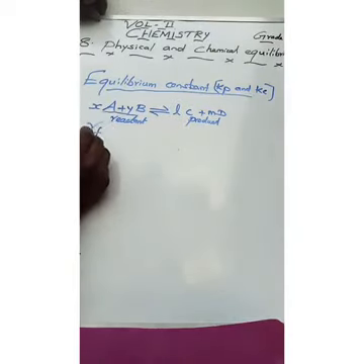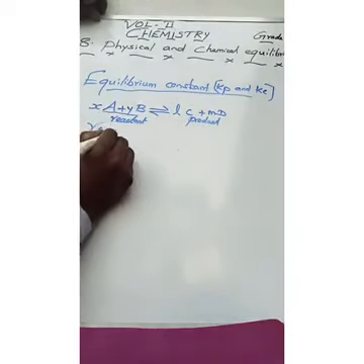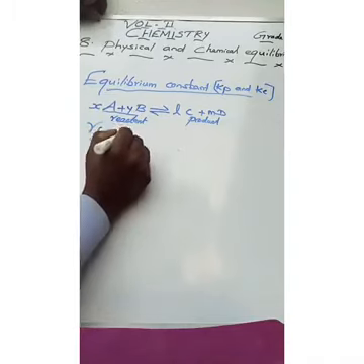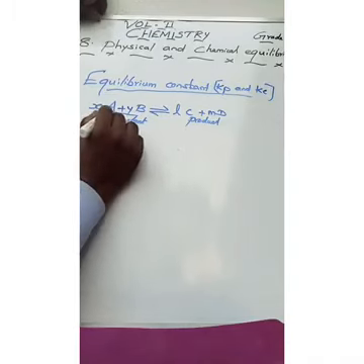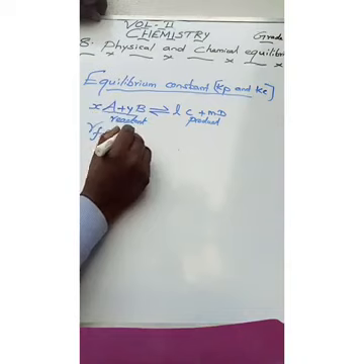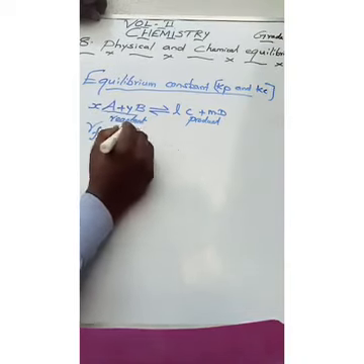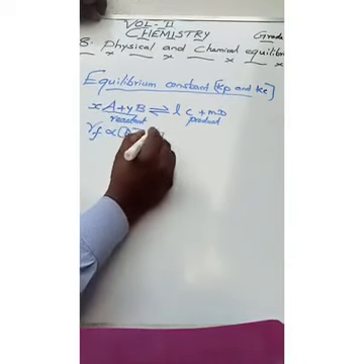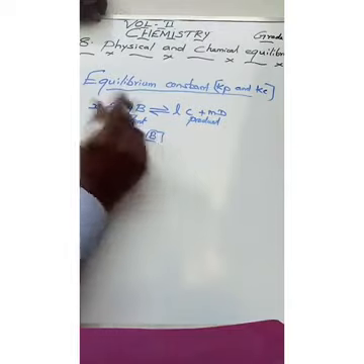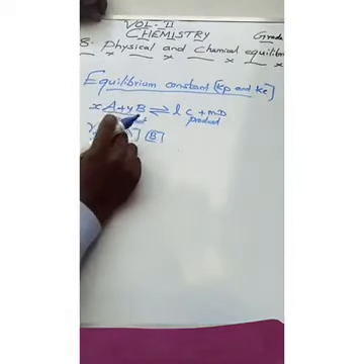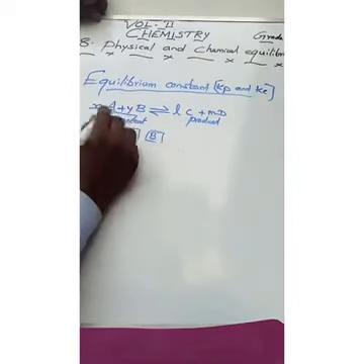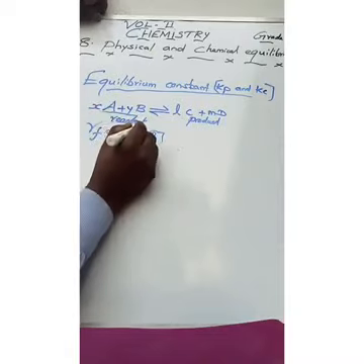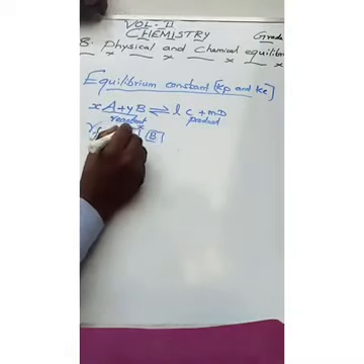Rate of the forward reaction is directly proportional to the reactants. Which are the reactants here? As per this equation, the reactants are A and B. You have to write a square bracket, which denotes the active mass. In the square bracket we write the coefficient.